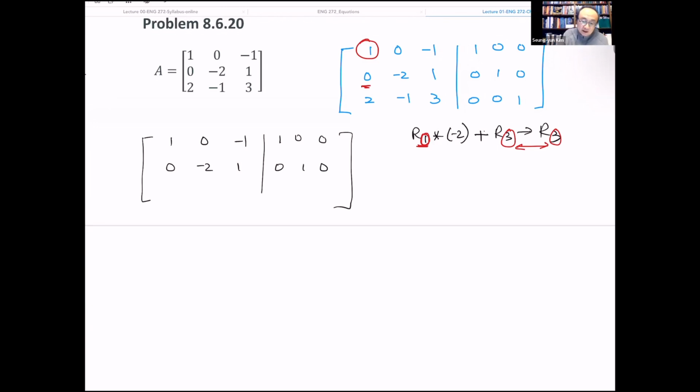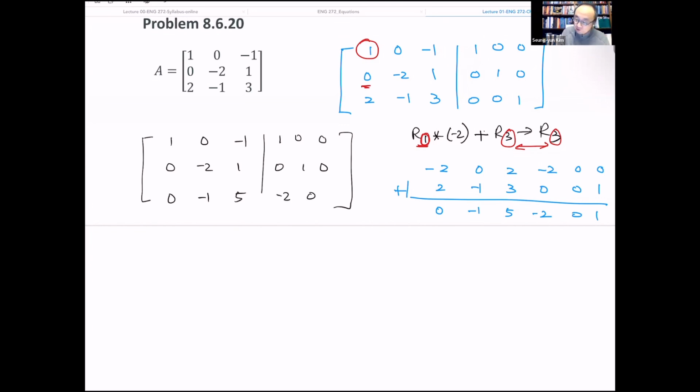So R1 times -2: -2, 0, +2, -2, 0, 0. That's the 6 elements in the first row. R3: 2, -1, 3, 0, 0, 1. And when we add: 0, -1, 5, -2, 0, 1. So we have 0, -1, 5, -2, 0, 1.